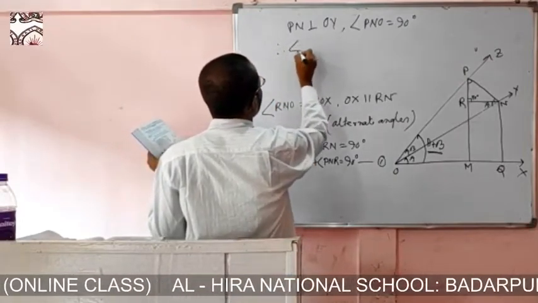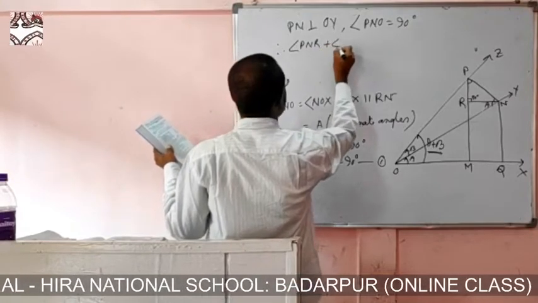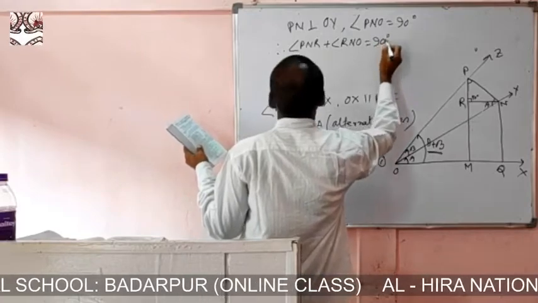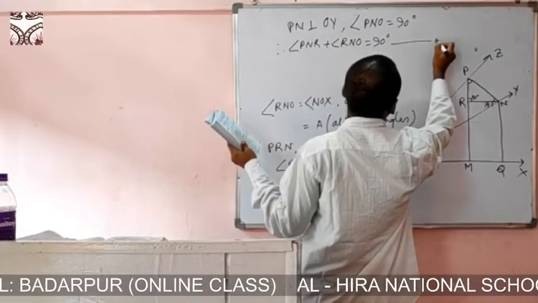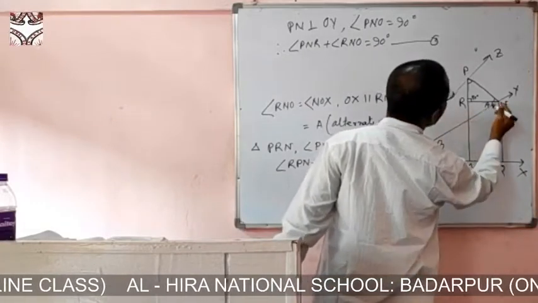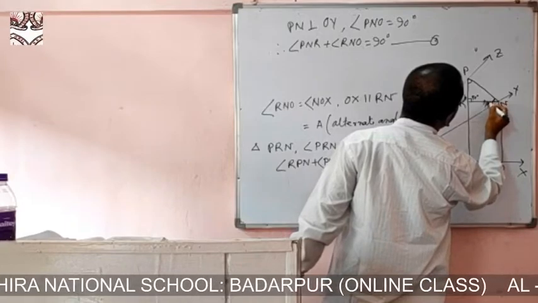Then angle PNR plus angle RNO is equal to 90 degrees. This is equation 2. This total angle PNO is 90 degrees.